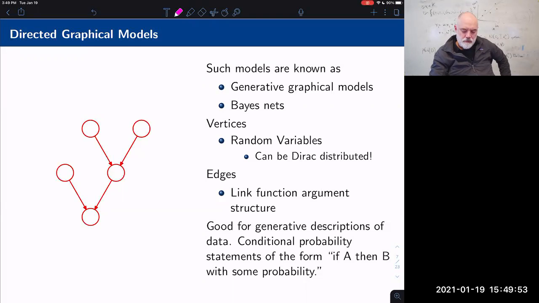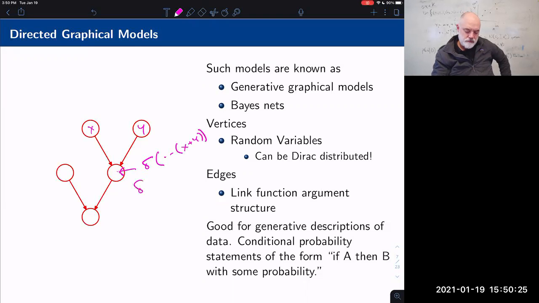So vertices again are random variables. Notably, and this is rather important and sometimes gets overlooked, this node, for instance, can be Dirac distributed. So if this is x and this is y, we can say that this is Dirac, depending on which notation you're used to, x plus y or something like that.